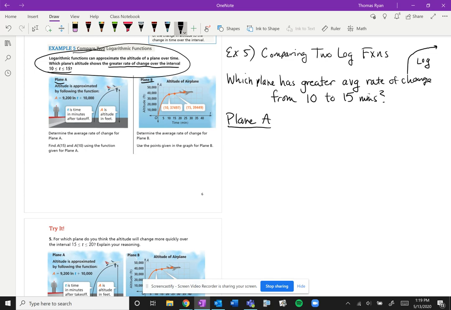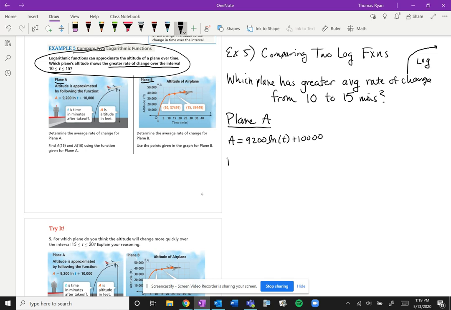Okay, so let's talk about plane A. What are we given? We're given a function that says its altitude is 9,200 times the natural log of t plus 10,000. So of course, in order to find the rate of change, we need to know what the actual altitude is at 10 minutes and then 15.